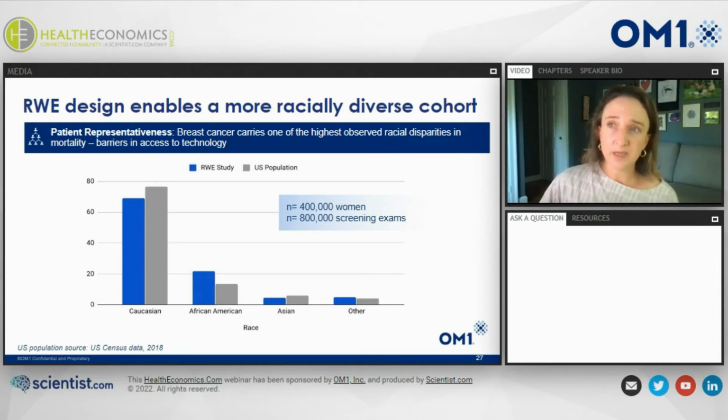And this RWE-based research program is one of the key ways they're delivering on that commitment. So the RWD-based cohort features a greater proportion of Black women than the US population at large, and of course also a dramatically higher representation than corresponding clinical trials of breast cancer screening modalities.